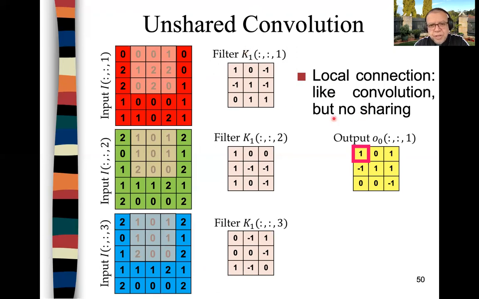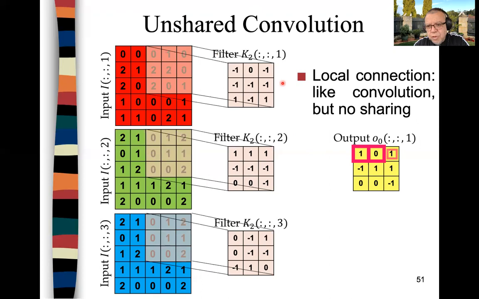There's no parameter sharing, just like before. And then this will give you the second output pixel. Then when you move your window again by one stride, you convolve it not with the K1 filter, but with another filter, the K2 filter, and you get your output pixel.